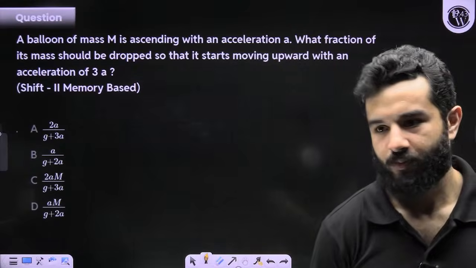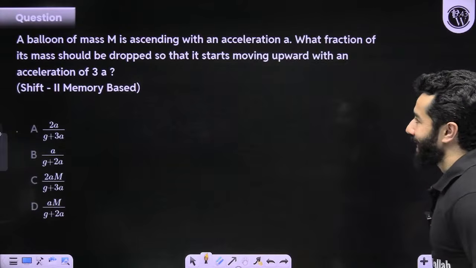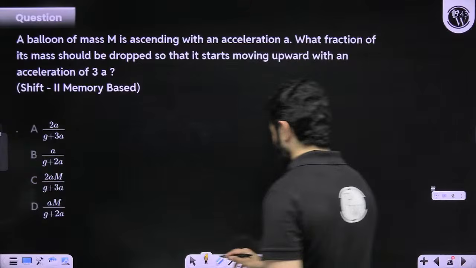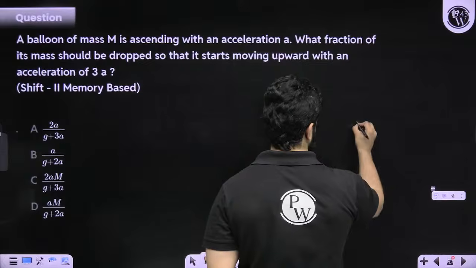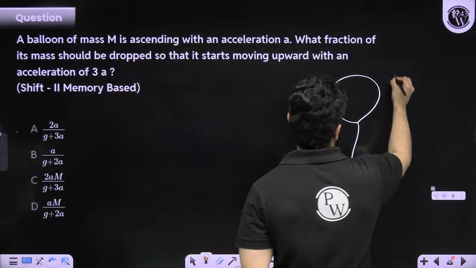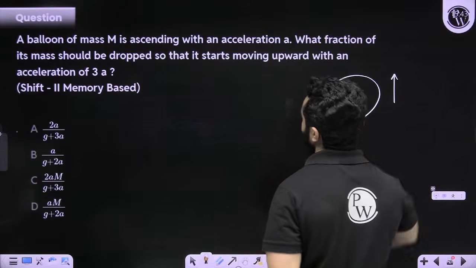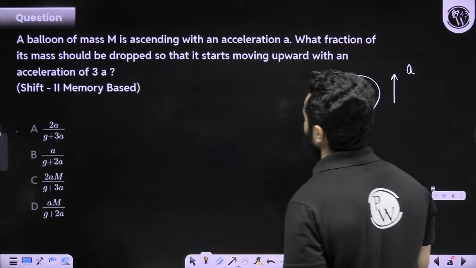Another problem. Clear? Good. A balloon of mass M is ascending with an acceleration a. You have got a balloon and it is moving up with an acceleration of a.